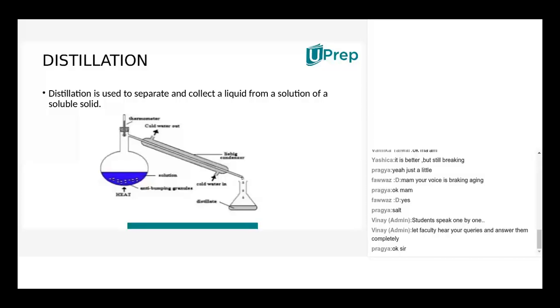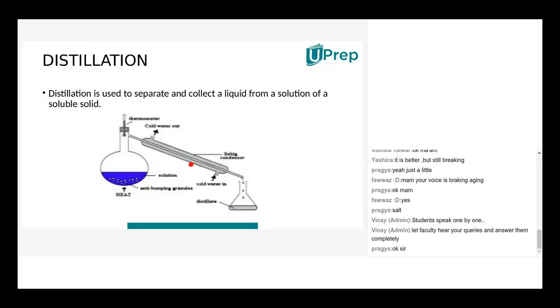For example, two liquids are present, and the two liquids show a similar phase. For example, alcohol in water. So I can't separate water from alcohol or alcohol from water. So definitely I'll go with the simple distillation method.